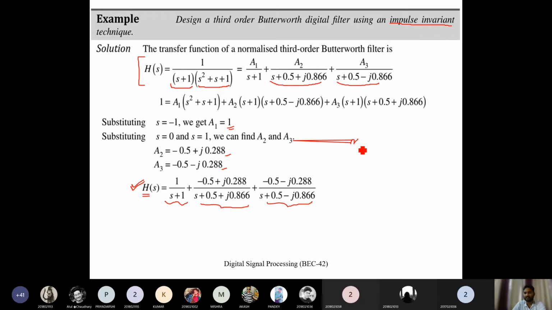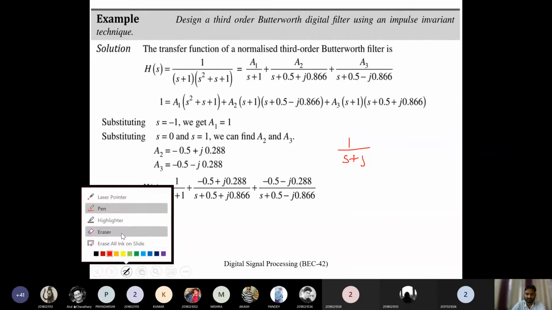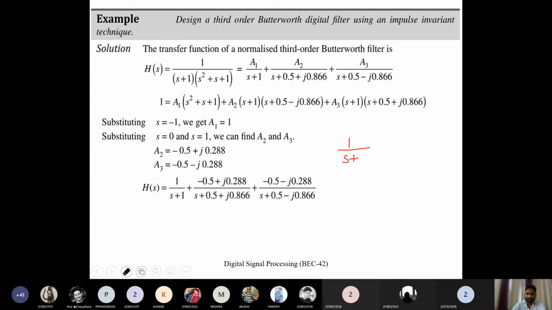We will be using the mapping formula. So in case of the impulse invariance method, we will be using the mapping formula, which maps 1 upon s plus pk, where pk is a pole location.